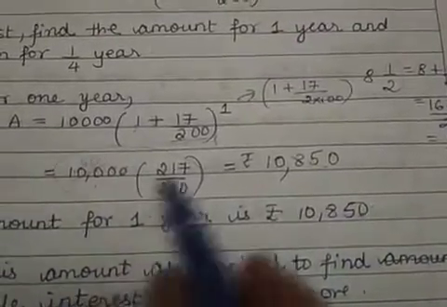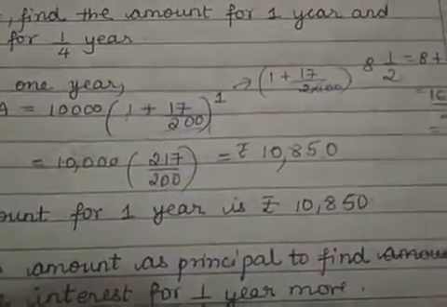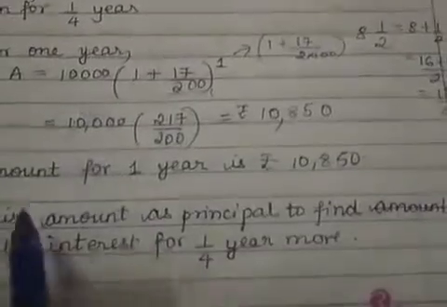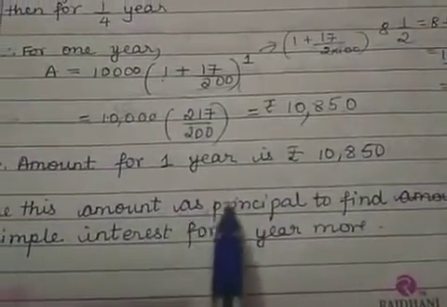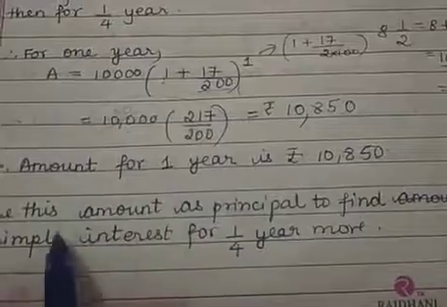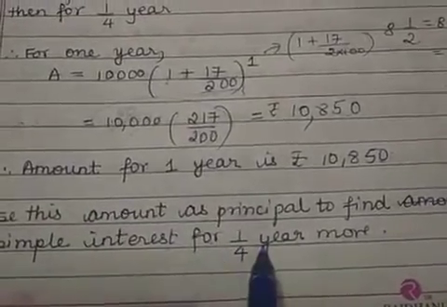Now we have to find the interest for the next 1/4 year. So use this amount as principal to find the simple interest for 1/4 year more.